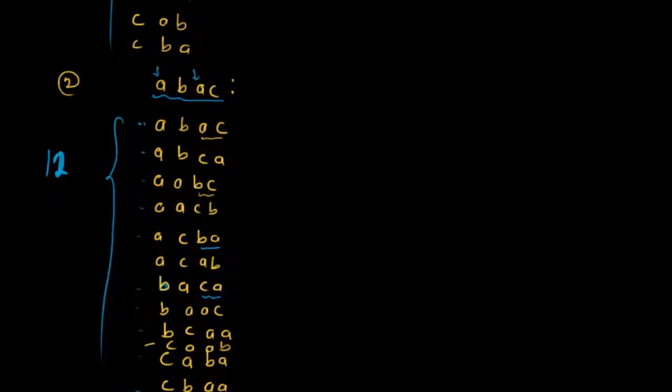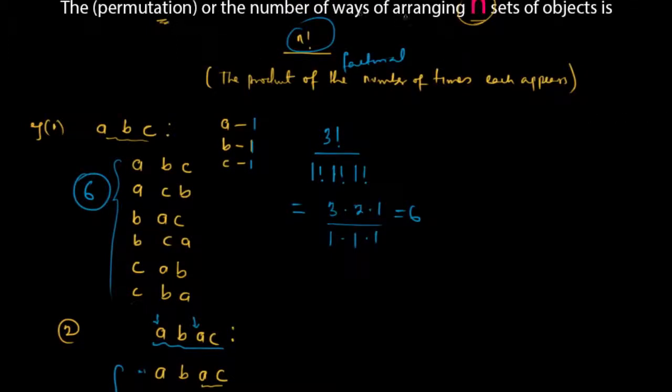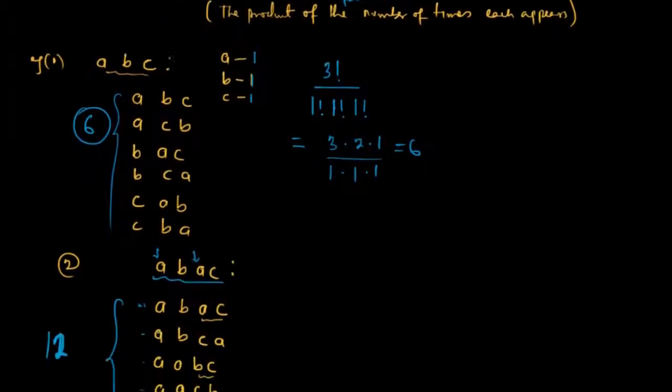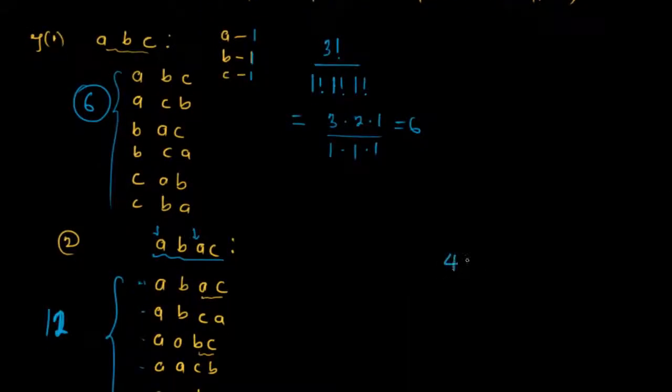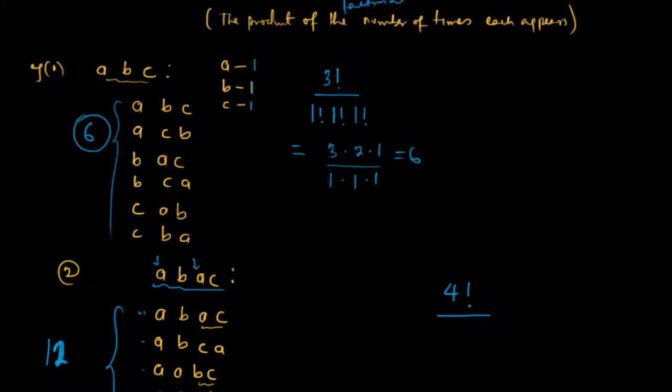But if you're going to use the formula we have here, the formula says the permutation of the number of ways of arranging n sets of objects is just the total number of objects we have. So look, we have 1, 2, 3, 4. So we have 4 objects. So that's going to be 4 factorial divided by the product of the factorial of the number of times each of the objects appears.